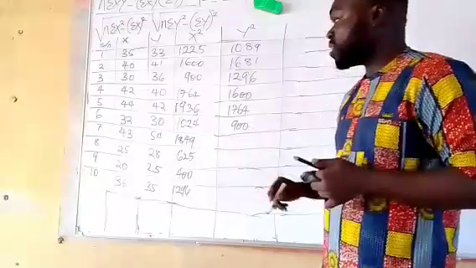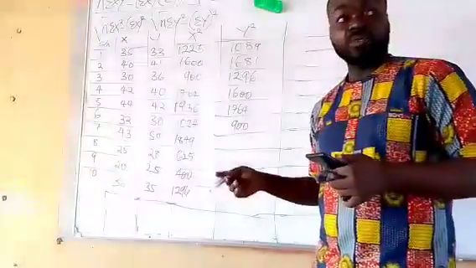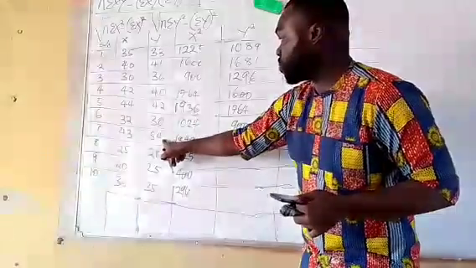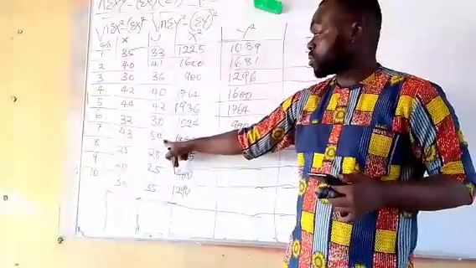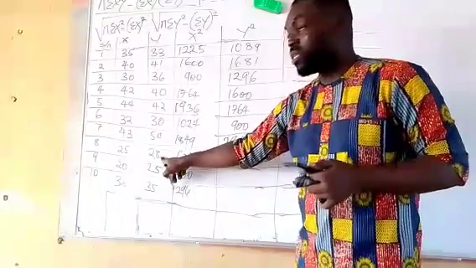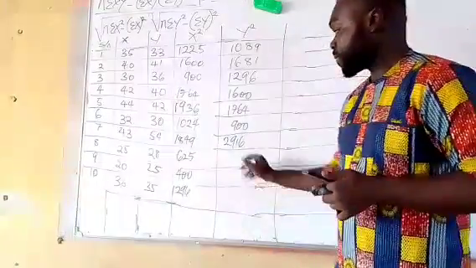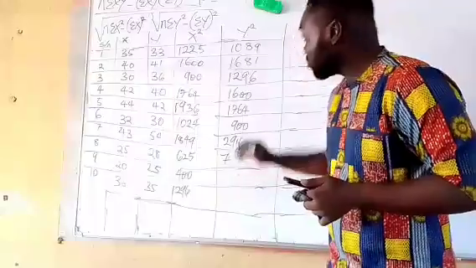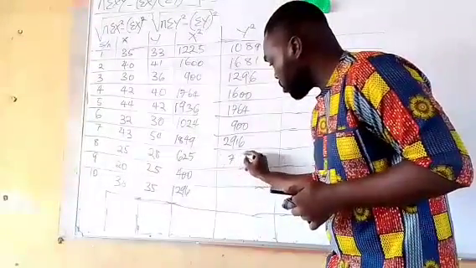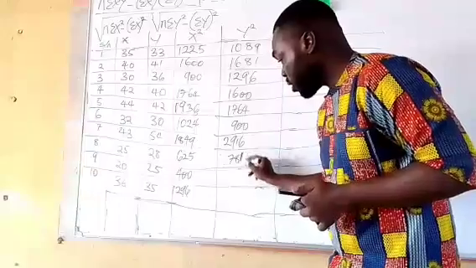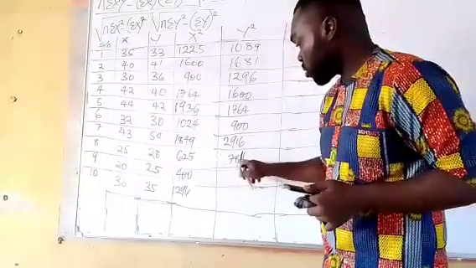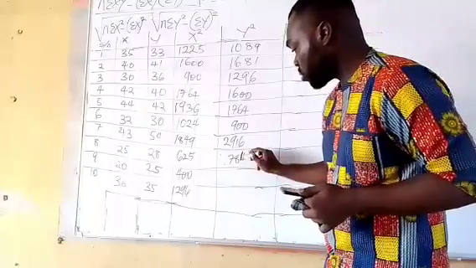Don't forget to arrange your values according to tens and units. We have 54 multiplied by 54, 2916. The next one, 28 times 28, 784.